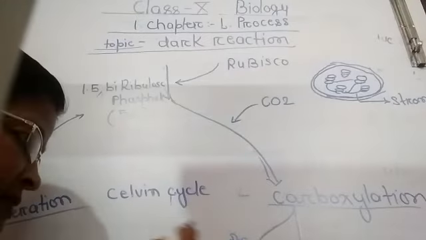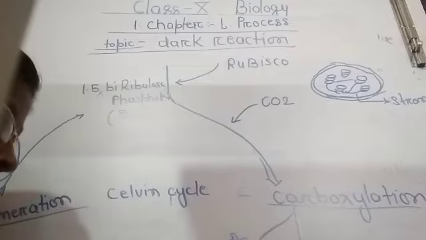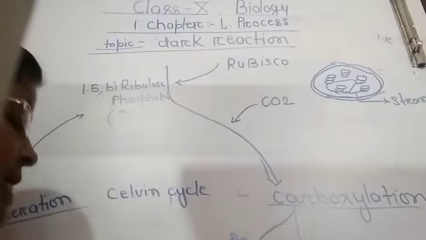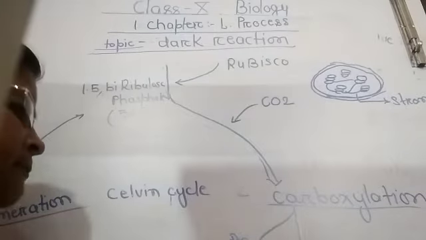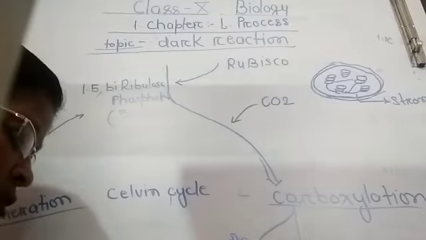Therefore, the Calvin cycle is also called the C3 pathway.